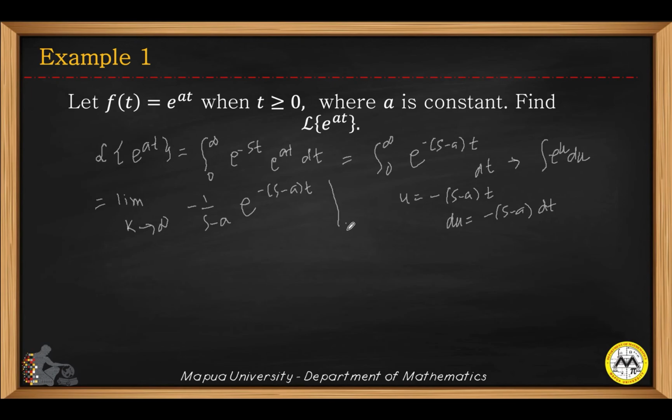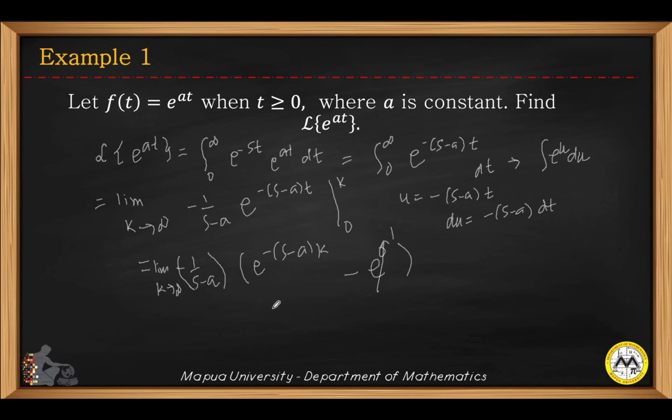So this will be from 0 to k, as the limit of k approaches infinity. And then we substitute the limits. We factor out this constant. So e to the negative s minus a times k, minus this is e to the 0. When t is equal to 0, everything will be 0, so this is equal to 1.